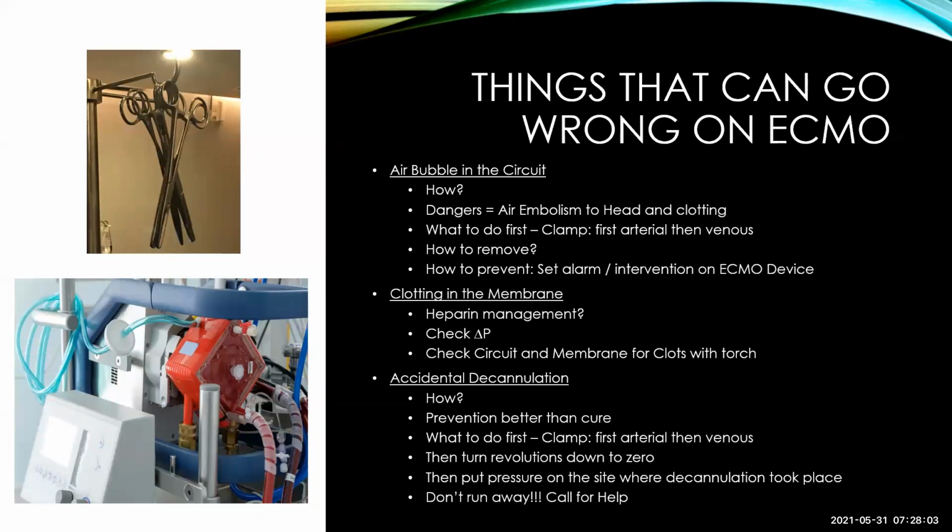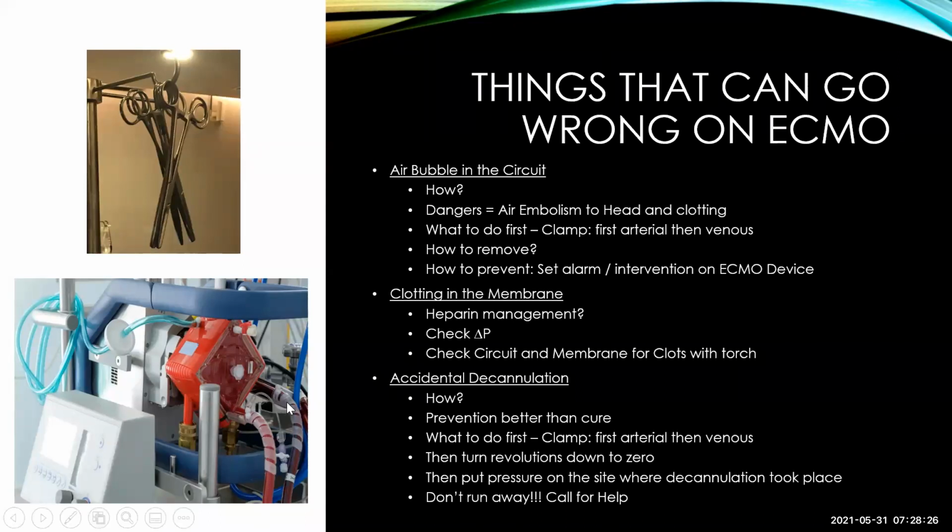So remember, if you look at this picture of mine here, this is after the membrane. So on the blue side, the blue line will pull the blood out of the patient. It's a sucking pressure, gets to the back of the membrane, the pump will push it through the membrane, and then after the membrane or post-membrane, we'll push it back into the patient.